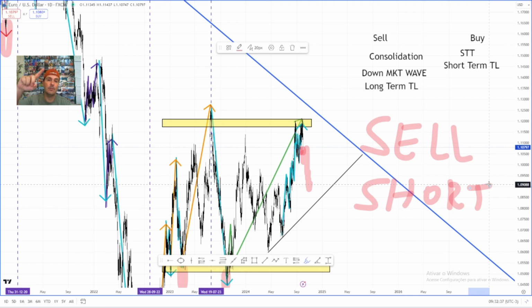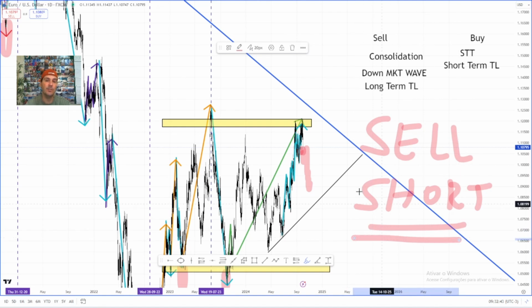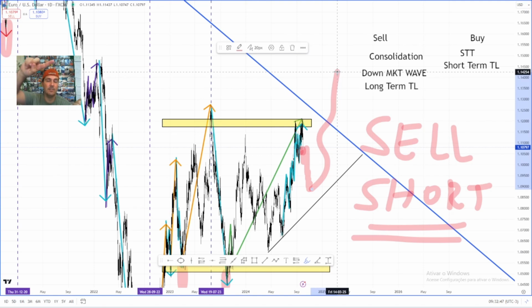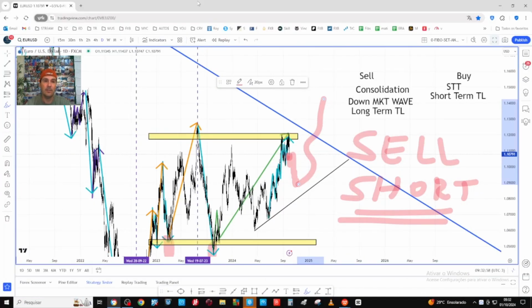Now understand this. You can be right on the analysis, you can still lose. Does this make sense? But if you're right on the analysis, you are not going to lose seven times out of ten.